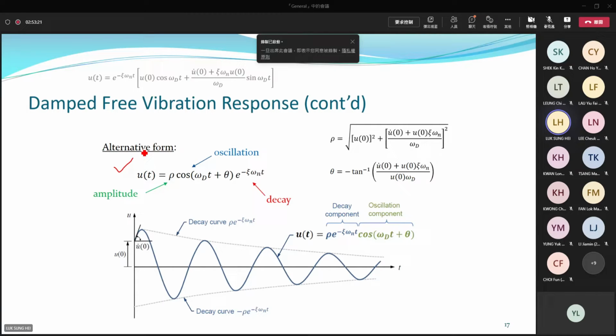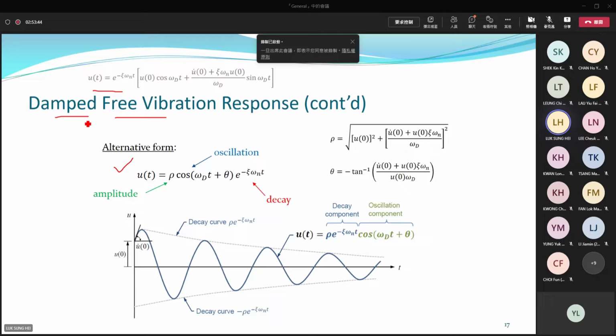But you need to know how to use the equations and when to use them. For example, this equation is for free vibration, damped system. Don't use it in the wrong scenario. Sometimes they look quite similar, but don't misuse your formula.